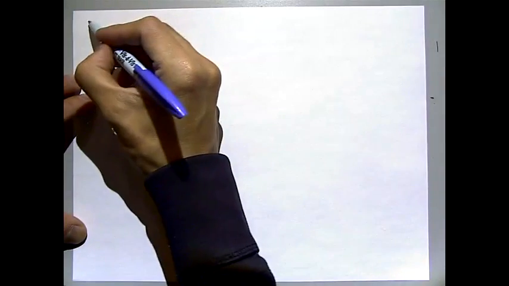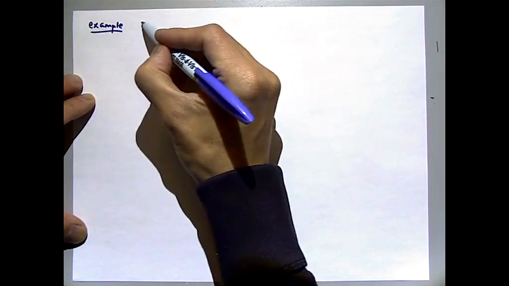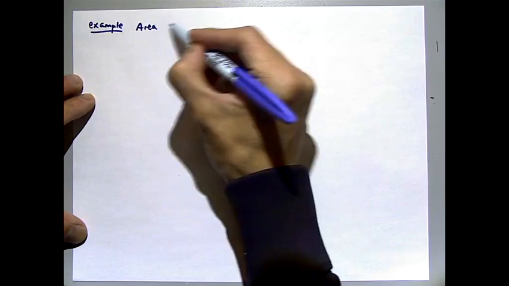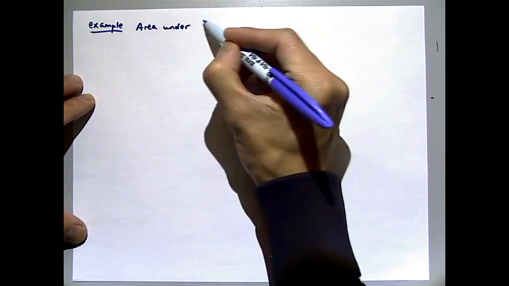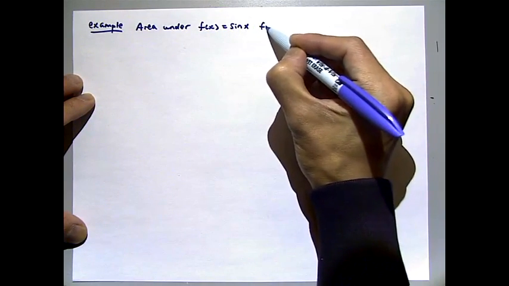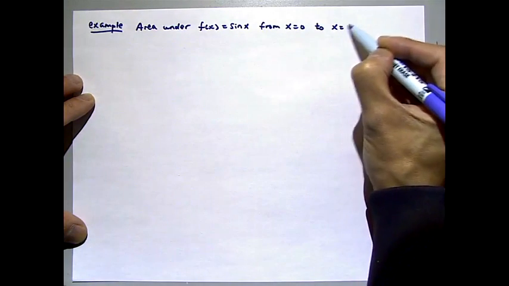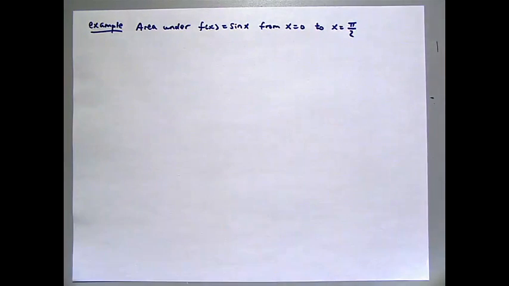Okay, here's how it works. Let's use the same function, sine of x, from 0 to pi over 2. Make a big sketch in your notes.